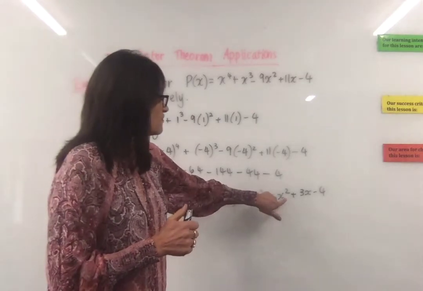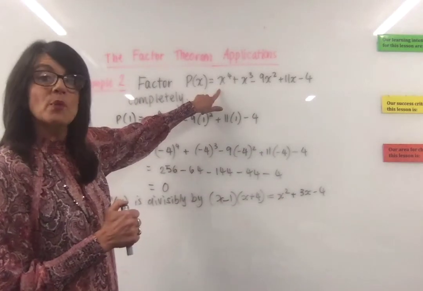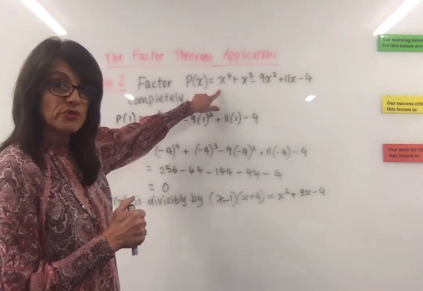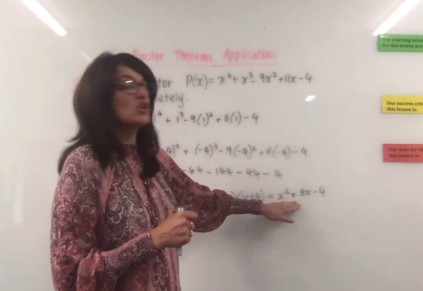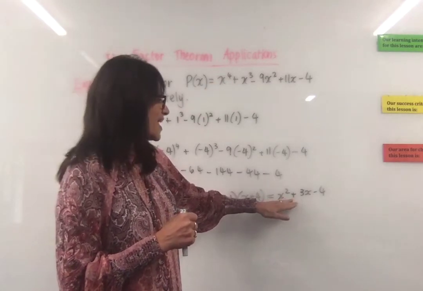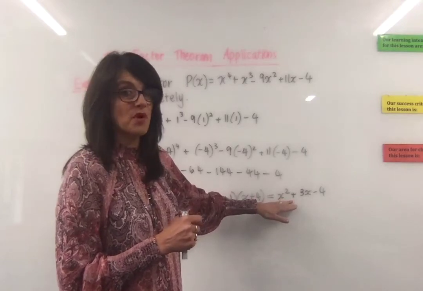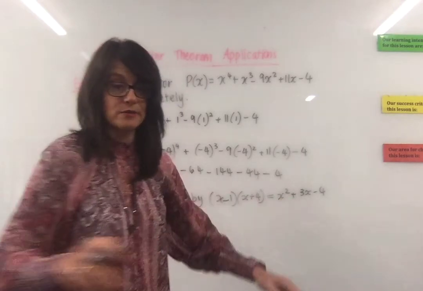Okay, so if this is a factor of the polynomial, what we can do is simplify the long division process now and take this polynomial and divide it using long division by x squared plus 3x minus 4. So let's do that now.